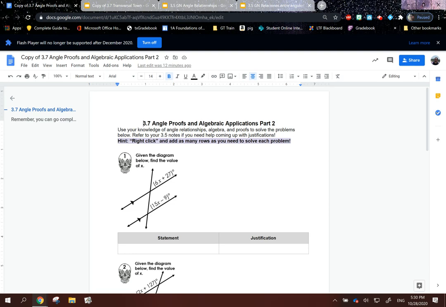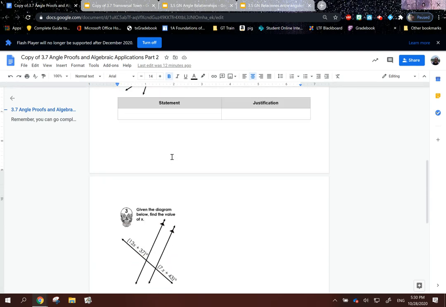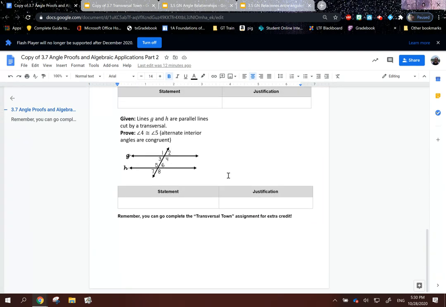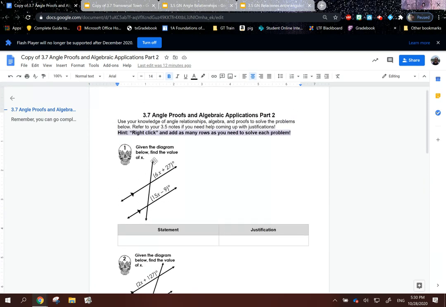It's not really anything new. We're continuing the practice that we were doing on 3.6 with writing proofs and solving equations involving angle relationships. And so you have 4 additional problems for extra practice that you can complete in the same way that we did it last time.